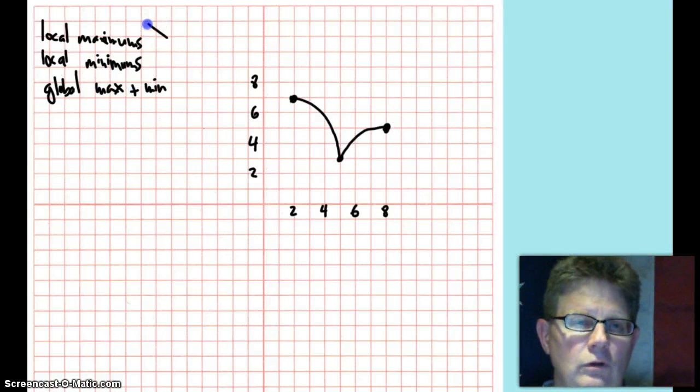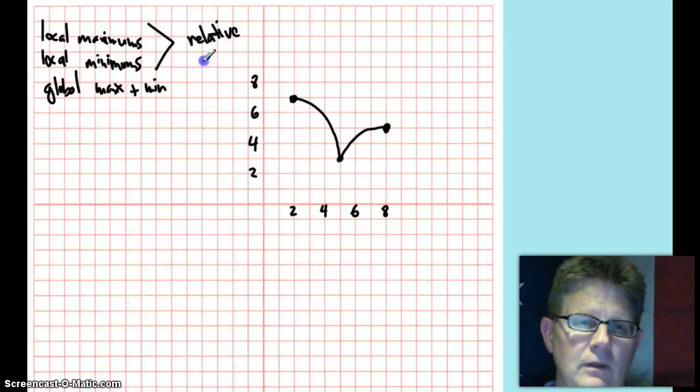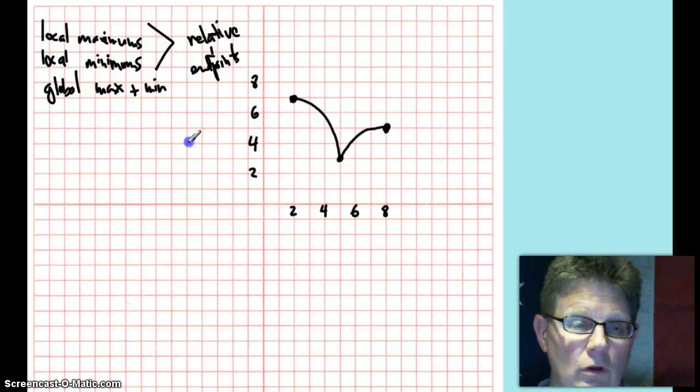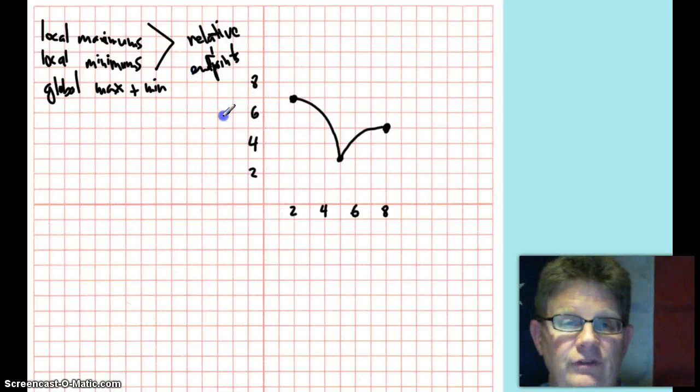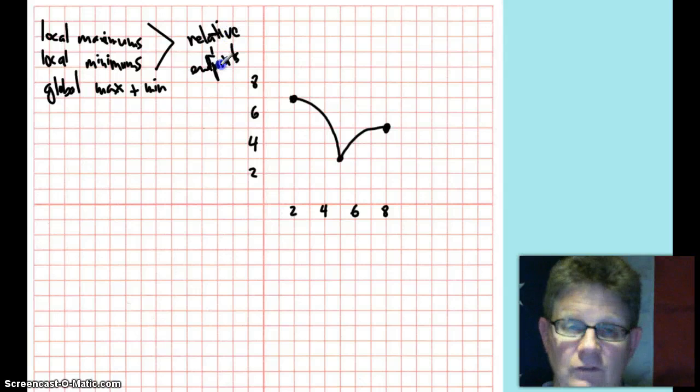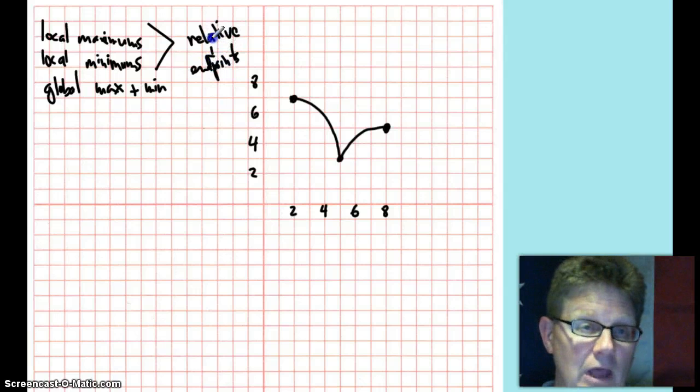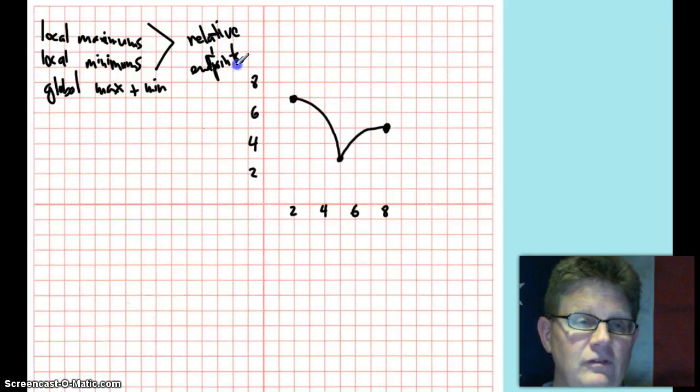Okay, locals, that will just be all relative and endpoints. See, what we've done before, we've not looked at endpoints as being relative. Well, this still isn't relative, but the relative maximums and minimums plus the endpoints, those are where you're going to find all your locals. And then the globals will just be like the absolutes.